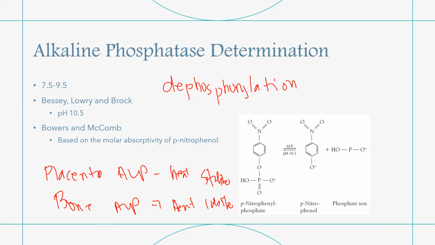A yellow-colored chromogen of para-nitrophenol is produced when the solution is treated with diluted sodium hydroxide, whose absorbance is proportional to the activity of our alkaline phosphatase.